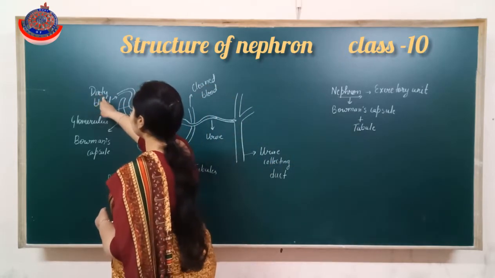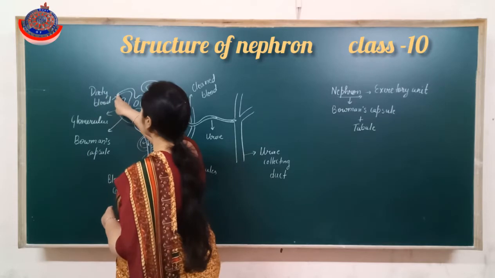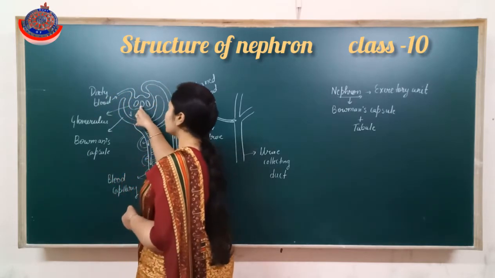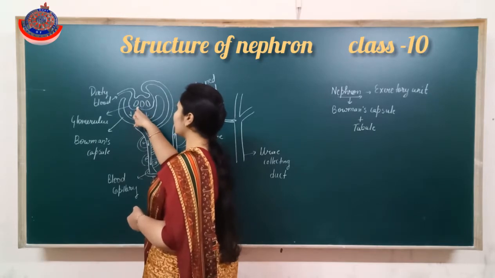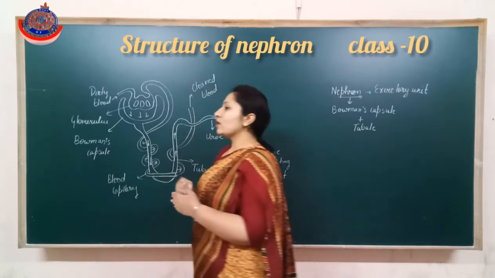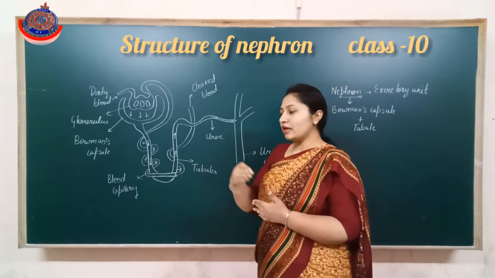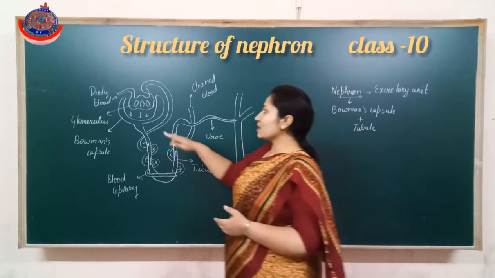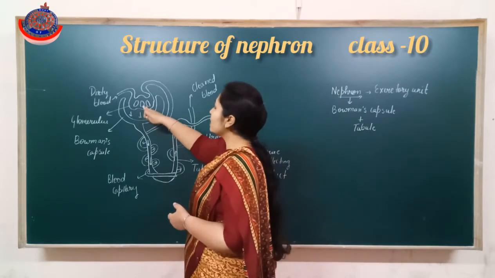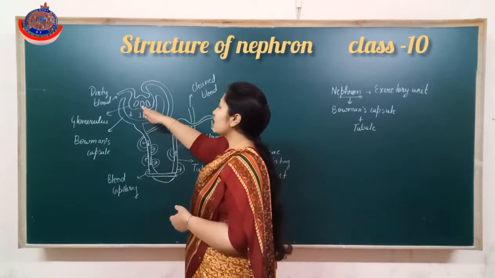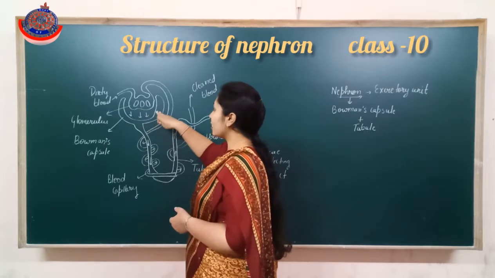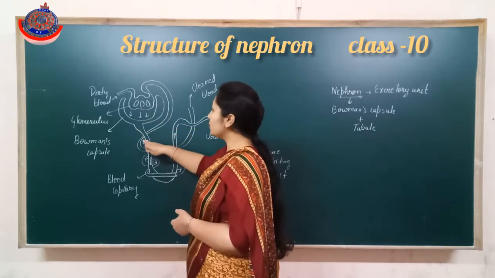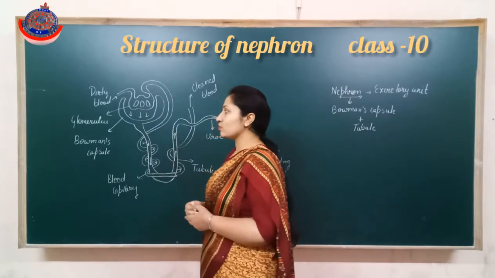When the dirty blood containing urea and some other useful substances enters the glomerulus, the glomerulus filters the large and the small substances. The large substances remain in the glomerulus, and the other substances come as a filtrate into the tubule through the Bowman's capsule.